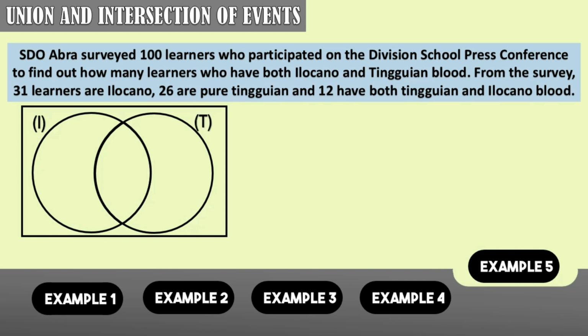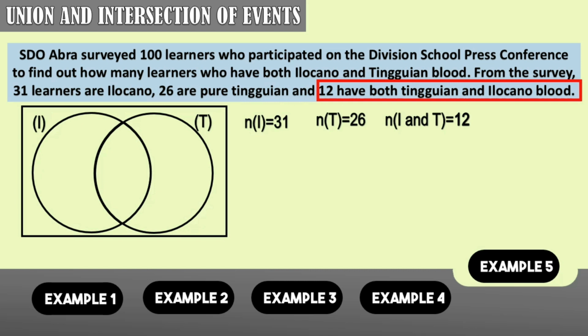The given in the problem are cardinality of Ilocano, which is equal to 31. Number of Tingyan is 26, and there are 12 learners who are both Ilocano and Tingyan. Then, in the diagram, the shaded part is the intersection. This will be the clue from our first step. 12 will be written since 12 learners belong to both.